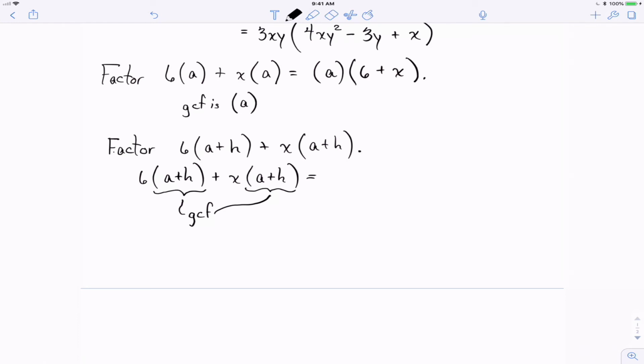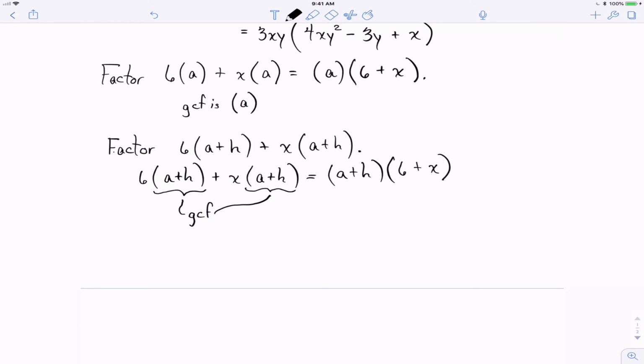So now the greatest common factor is the a plus h. Just like we did above, we took the whole set of parentheses, the a plus h, and we pulled them out. So if I pull out the a plus h, then I write what remains: a 6 plus x.